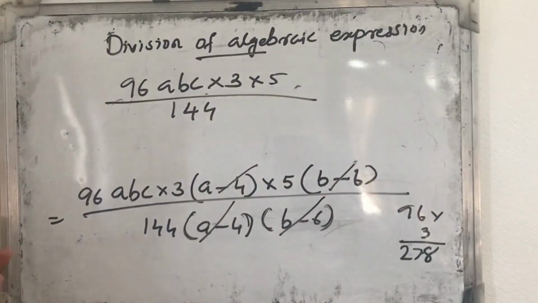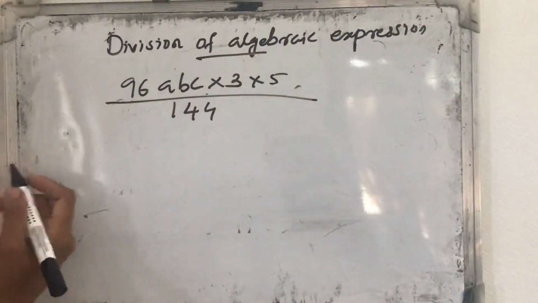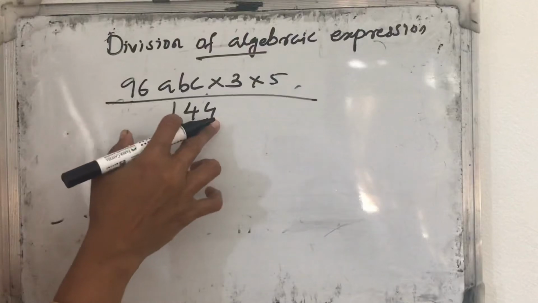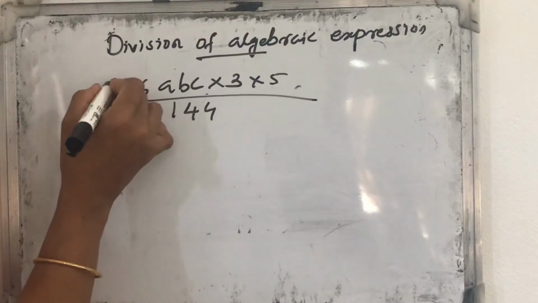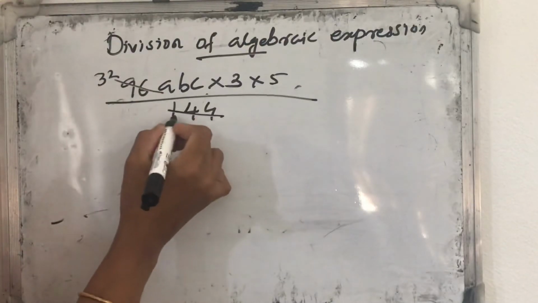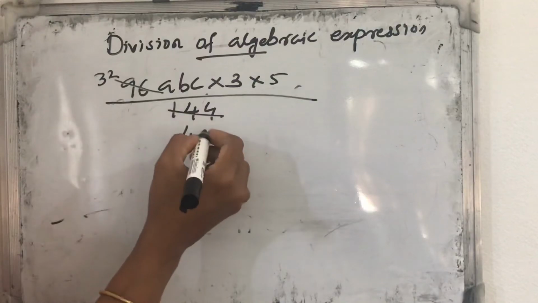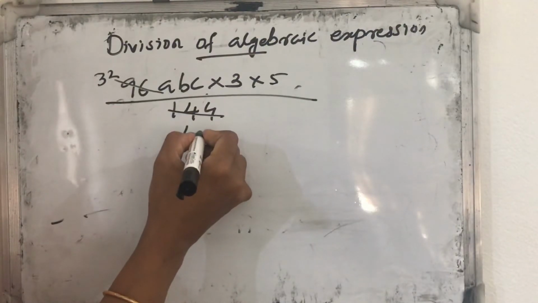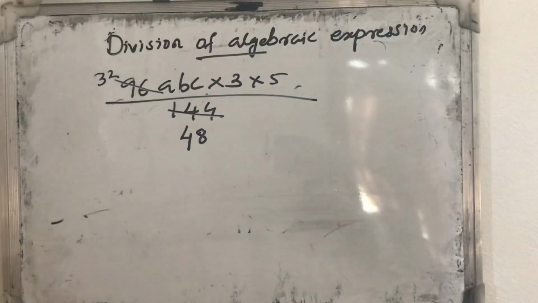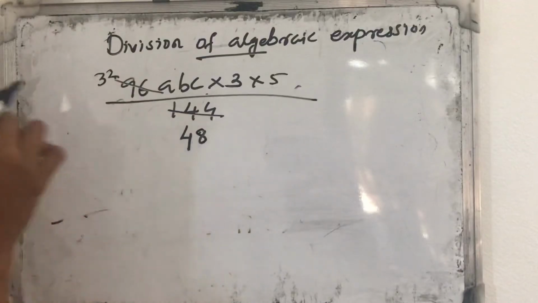When we cancel, 96 and 144 have common factors: 4 into 3 is 12, 8 into 3 is 24. Then here it is 32 and here 48.